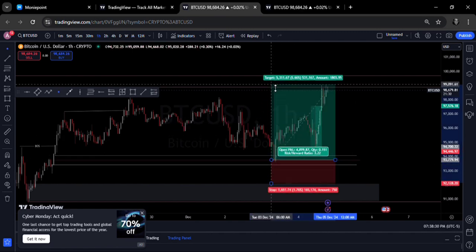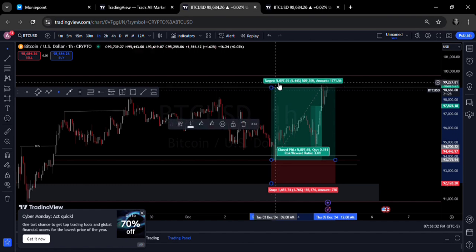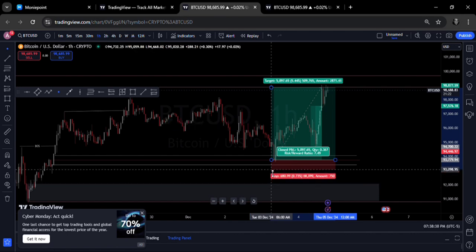If you can see, look at the points, it's around 5,000 points. If you are using a lot size of one standard lot, make the calculation, you know how much you make. Even if you are using 0.01, what you make is something.